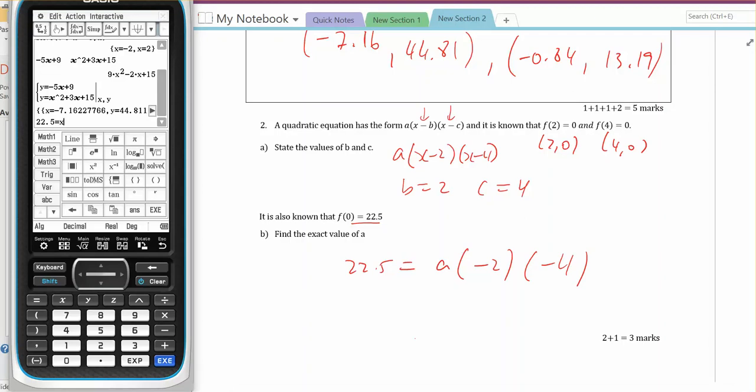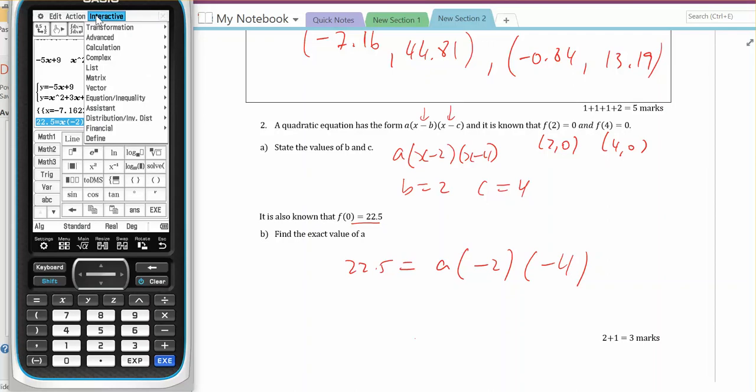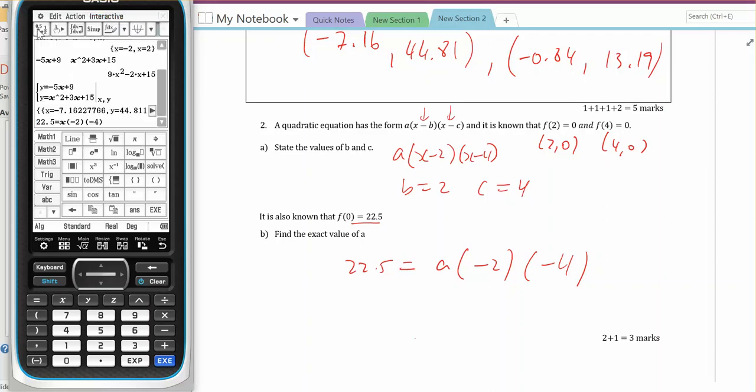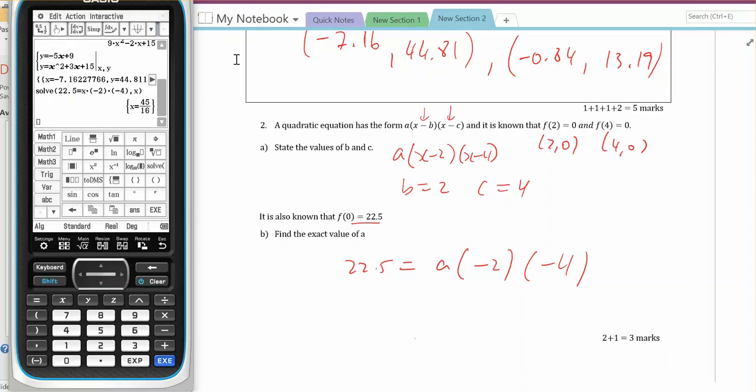I know you can do this on a computer, but make sure you use your actual calculator and go -2, -4, interactive and solve. I want to be exact because the instructions say exact. I get a equals 45 on 16.